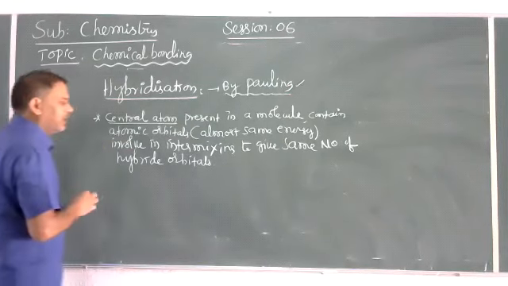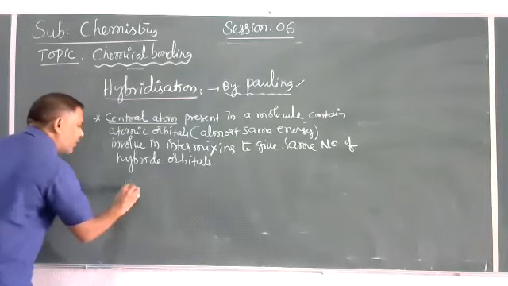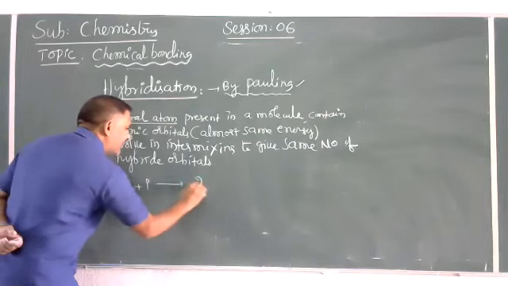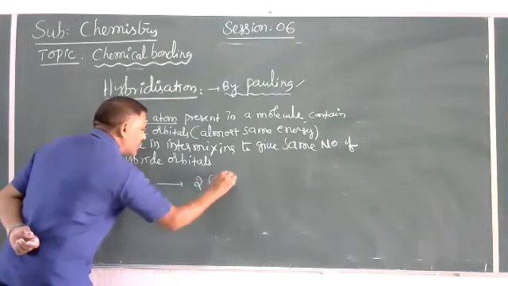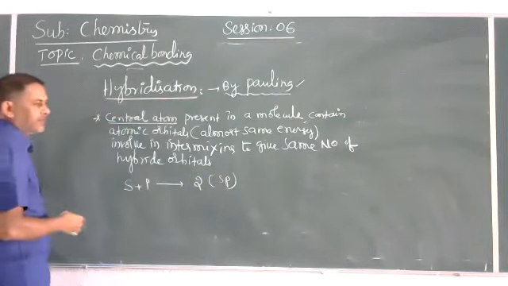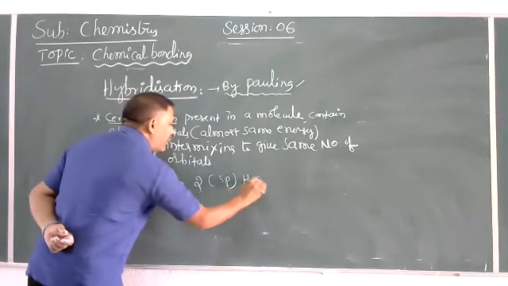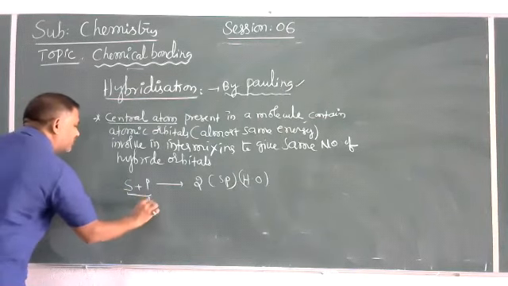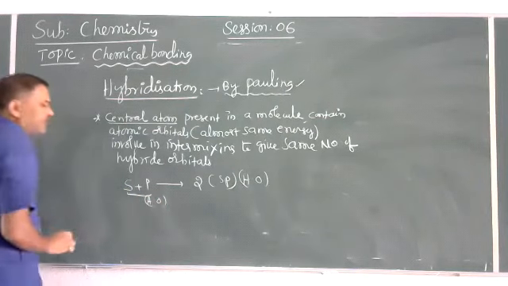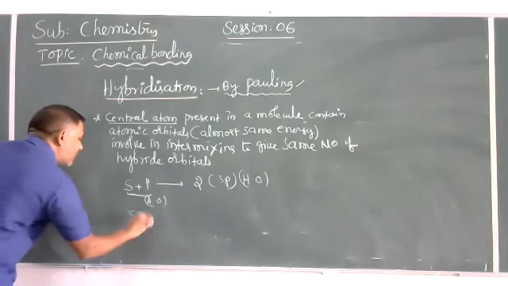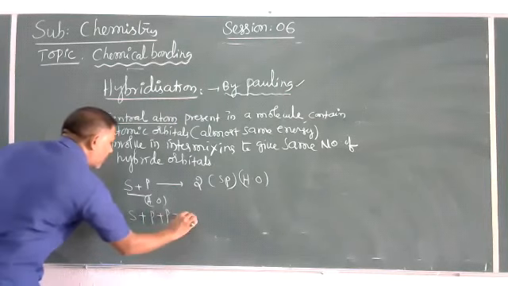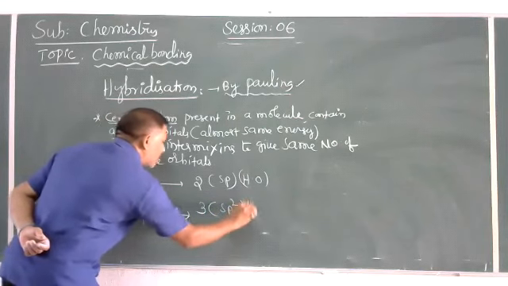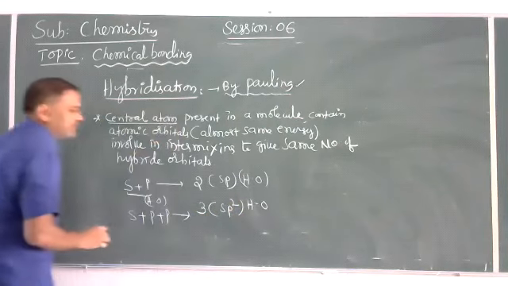For example, for the central atom, one s orbital and one p orbital intermix to give two sp hybrid orbitals. These are hybrid orbitals, HO, and these two are AO, atomic orbitals. Now, one s orbital and two p orbitals undergo intermixing and give 3 sp2 hybrid orbitals.